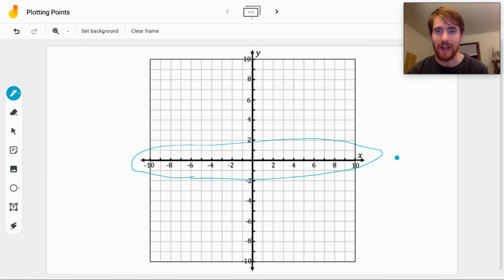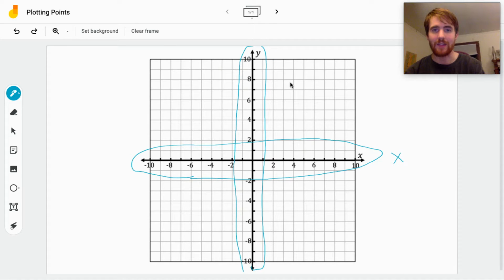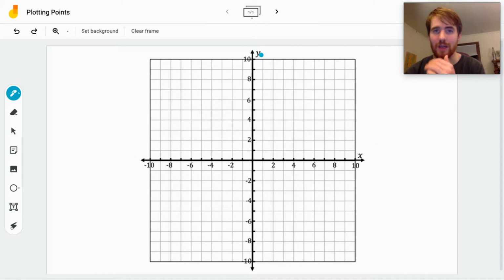So this is the x-axis. And then, of course, we also have this line that goes up and down. We call that the y-axis. So we've got the x-axis and the y-axis. I actually don't need those labels because they are labeled right here. X and Y.